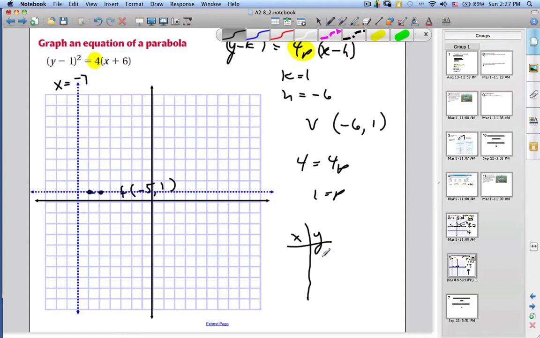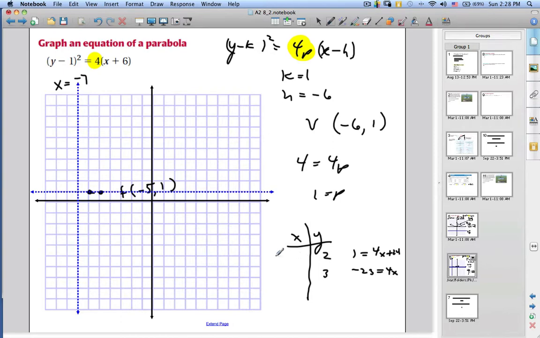Well, I'm going to pick 2 and 3, and when I plug those into this function, I'll have 2 minus 1, which is 1 squared, that's 1, is equal to 4x plus 24. So if I subtract 24, I'll get -23 is equal to 4x.